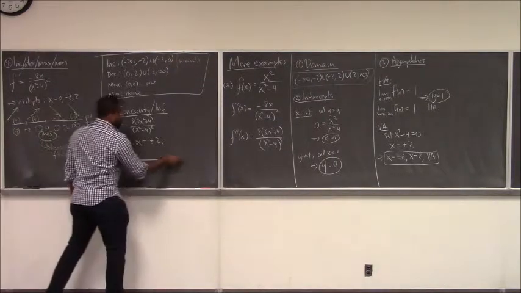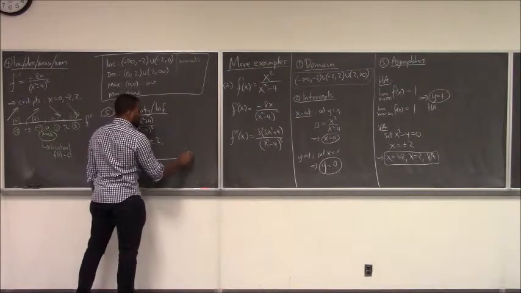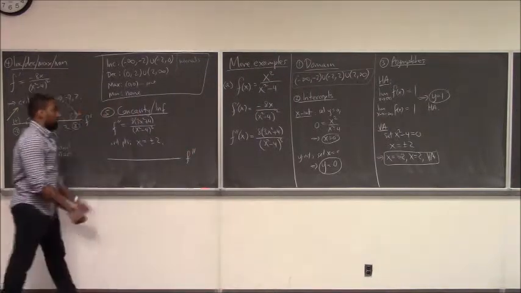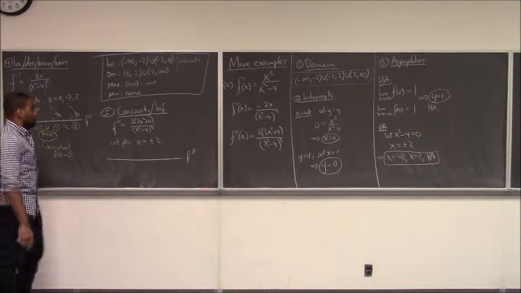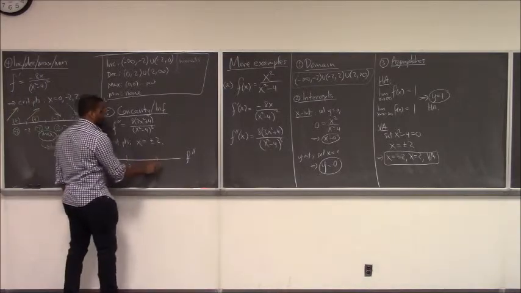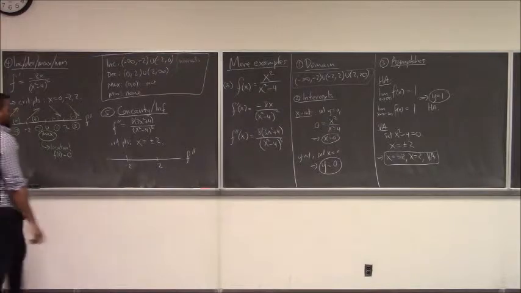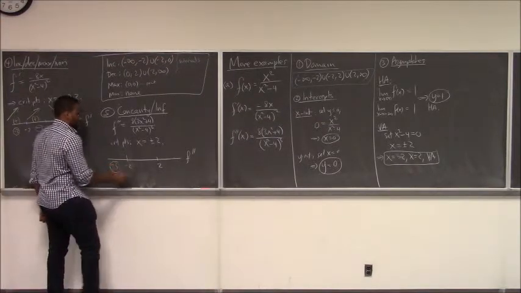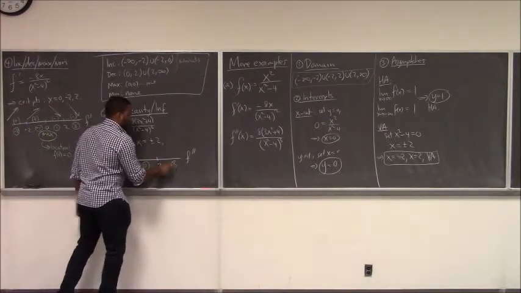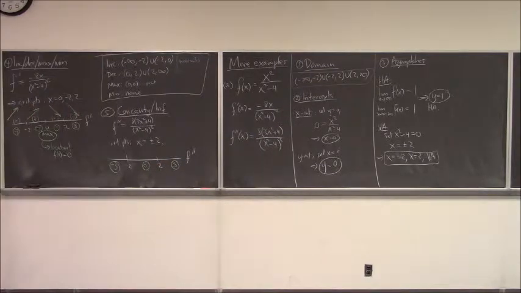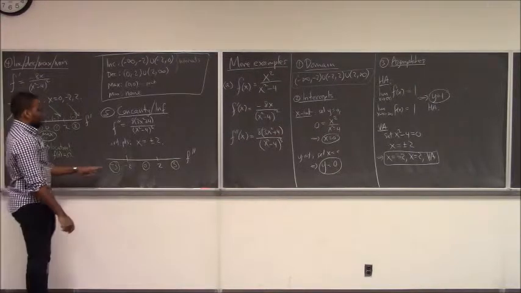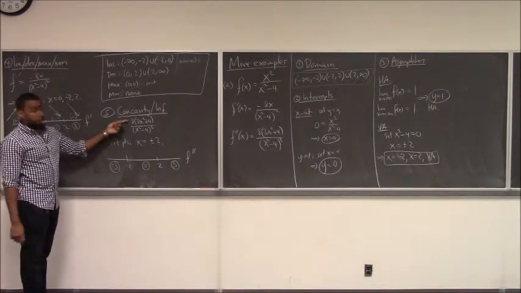You are going to plot the number line. You are going to test values in the second derivative because you're looking for concavity and inflections. So you're going to plot minus 2, you're going to plot positive 2. Then you're going to test numbers. So let's test the minus 3, test the 0, test the 3. Now, if I plug in a minus 3, again I can use a trick here.